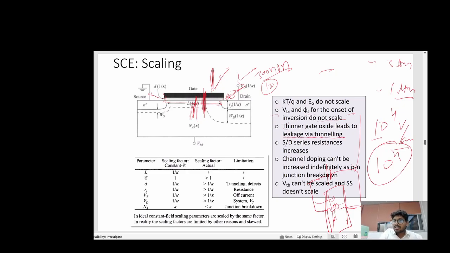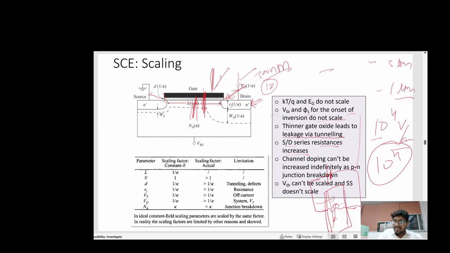And the source drain series resistance increases, which we will see, because we will be reducing this. We have to modulate the n plus plus doping, which will be of less doping, and that is why there will be a higher resistance of the source and drain.